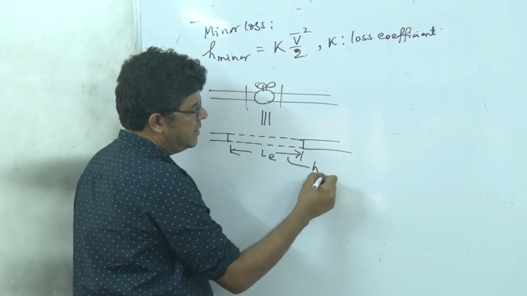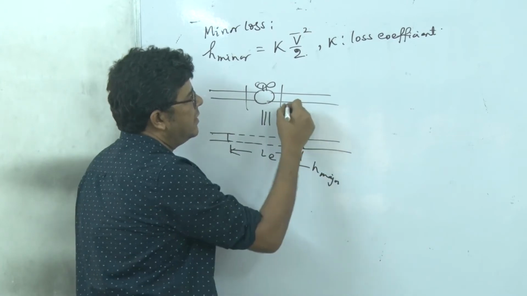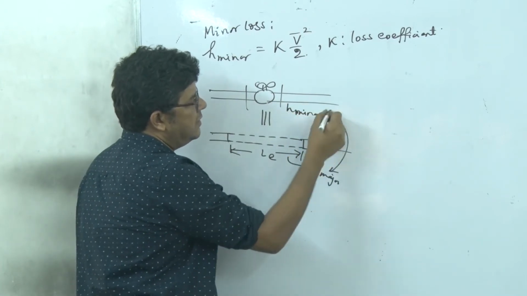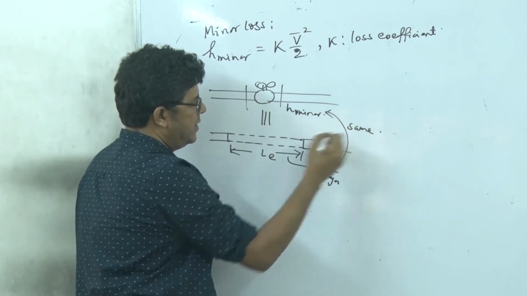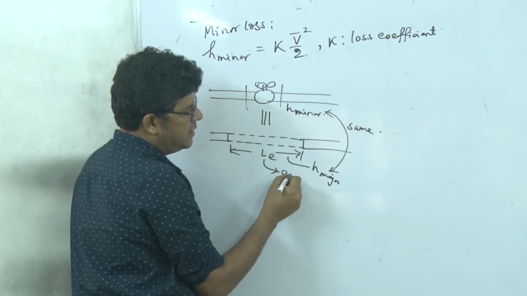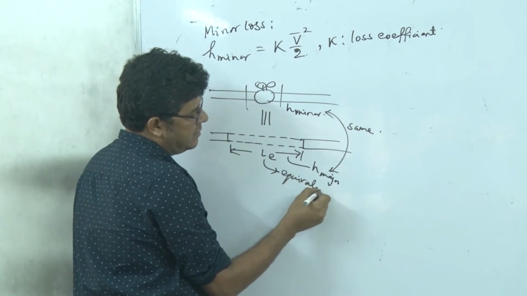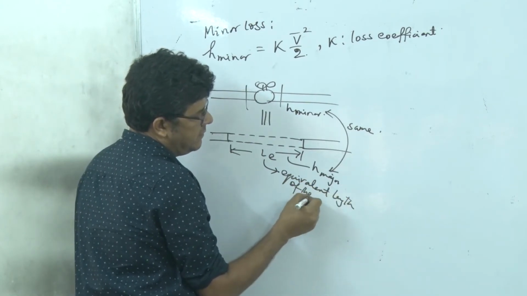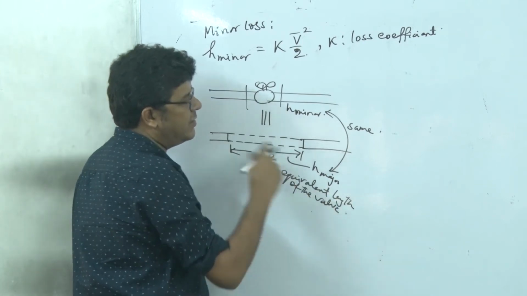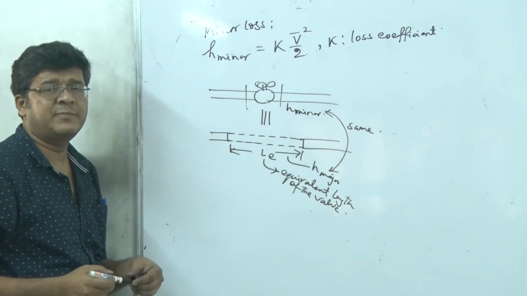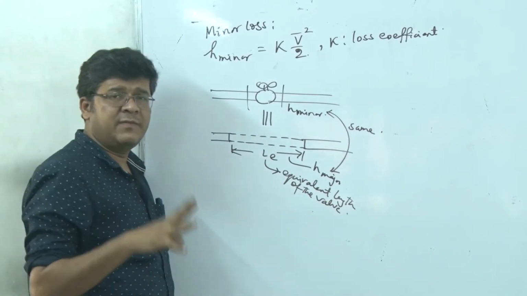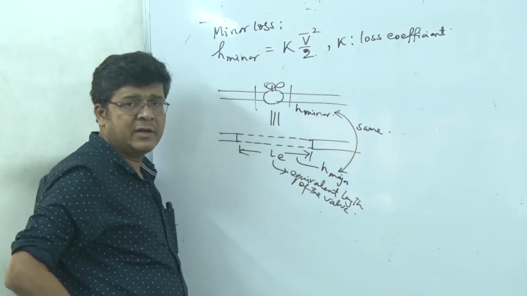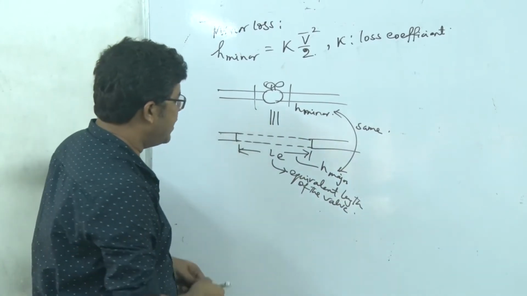If the major loss in this pipe and the minor head loss in the valve are the same, then LE is called the equivalent length of the valve. So you are drawing an equivalence, considering a hypothetical pipe segment giving you the same major head loss as the minor head loss of this valve.